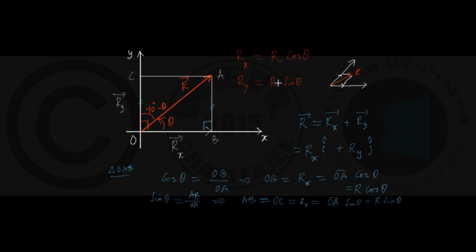Remember, theta is always the angle with the x-axis of r, not with the y-axis. It comes automatically by simple trigonometry. We shall highlight this box to make it very prominent because this is the result we are looking for.